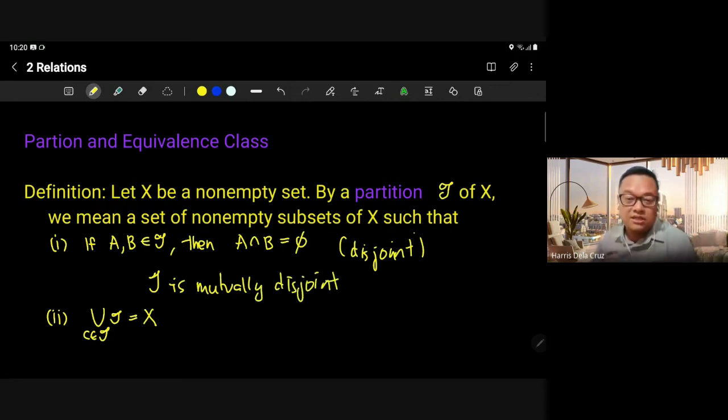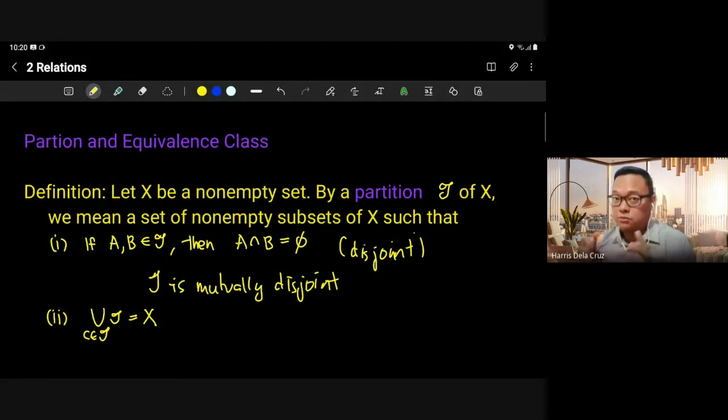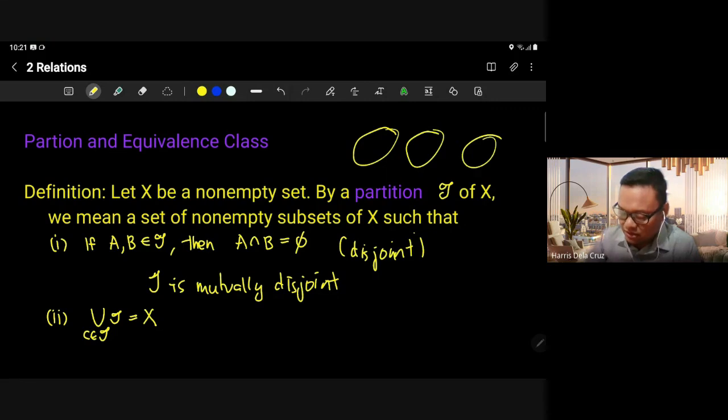Pag sinabi mo ang isang collection of sets ay mutually disjoint, then pag kumuha ka ng dalawang element ng collection na yon, for any arbitrary elements of this collection, then their intersection is empty. Okay? So, walang set dun sa partition mo na may intersection. Hiwa-hiwalay siya, walang common, walang overlapping ng elements.